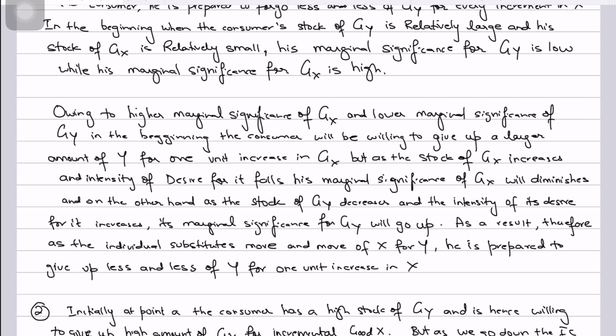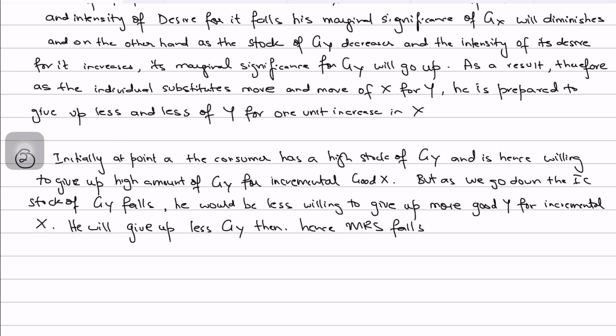And as a result, as the individual is substituting more and more of good X for good Y, each time he gets one more unit of X, he is prepared to forgo or give up less and less of Y for each additional unit of X, right? And so that is why the marginal rate of substitution falls as you go down the indifference curve.